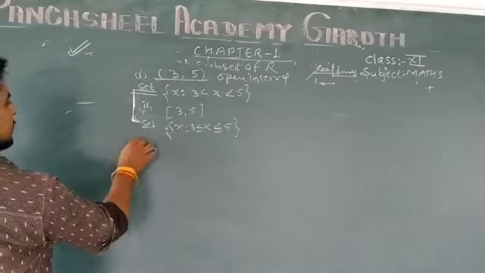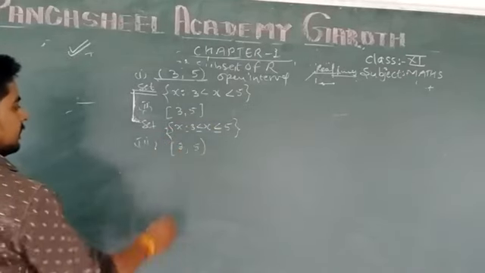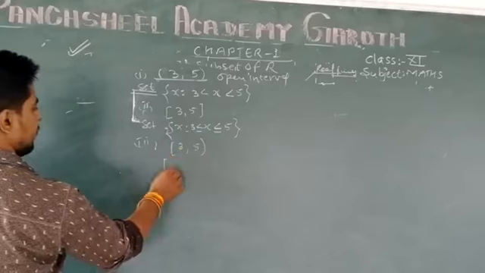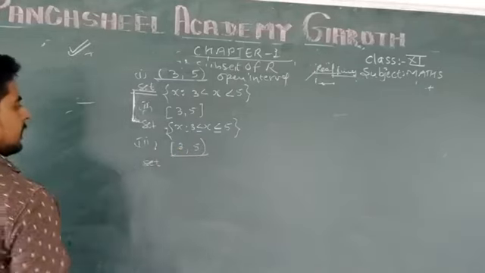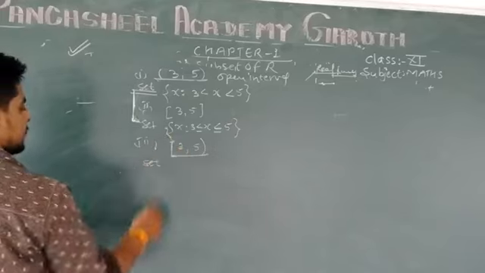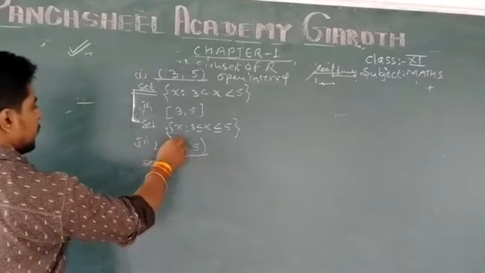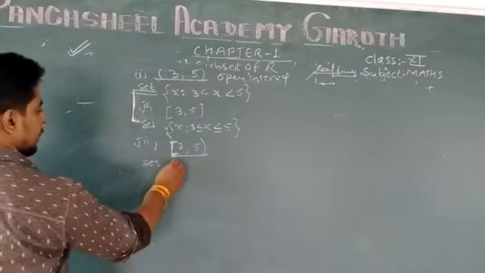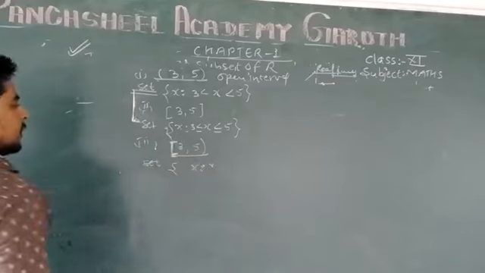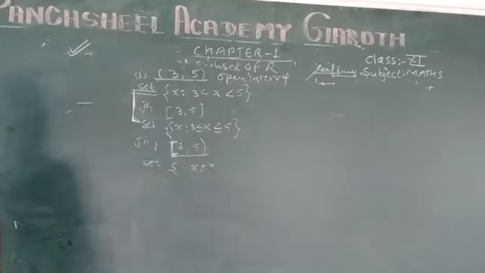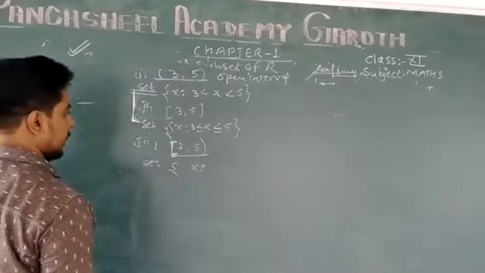In the third case, if I want [3, 5), it is a semi-open interval, and first we need to check which end of the interval is closed. Here the square bracket is given in front of the first value, therefore we can say that the first value is included in the semi-open interval.